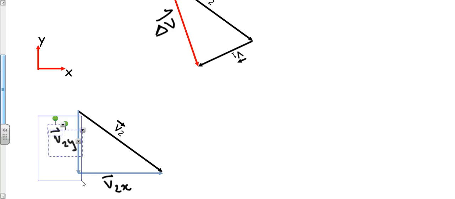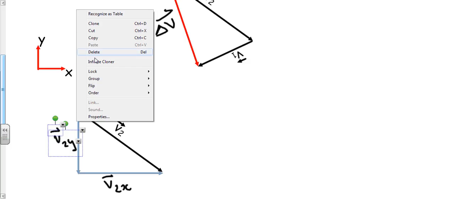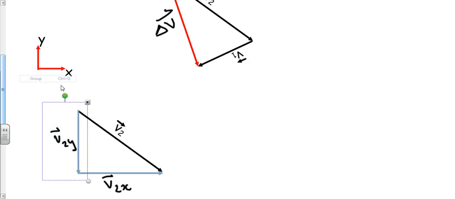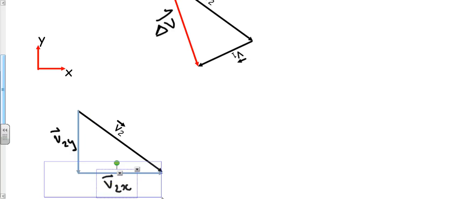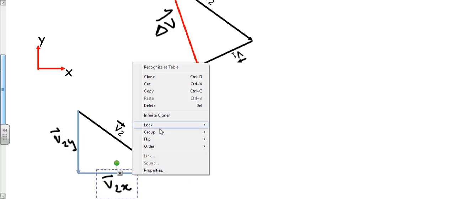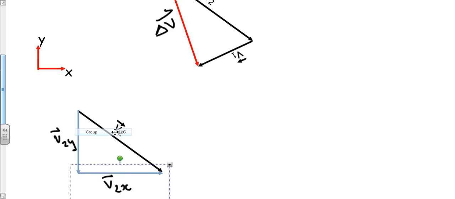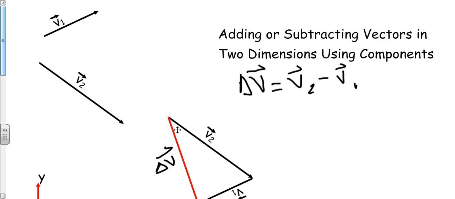Now, what I'd also like to include is the arrow. So let me just group those together, and I'll do the same with this one. And we'll use that in a moment. I'll show you. So group. Okay, that's V2.